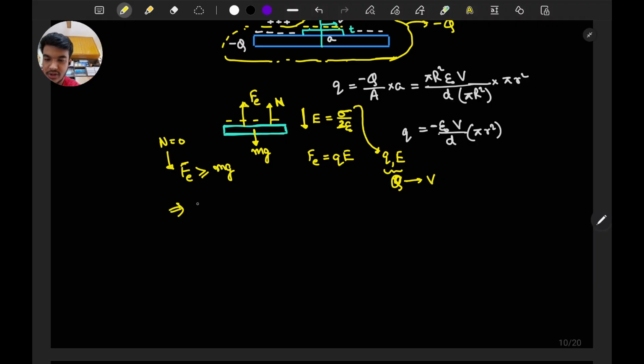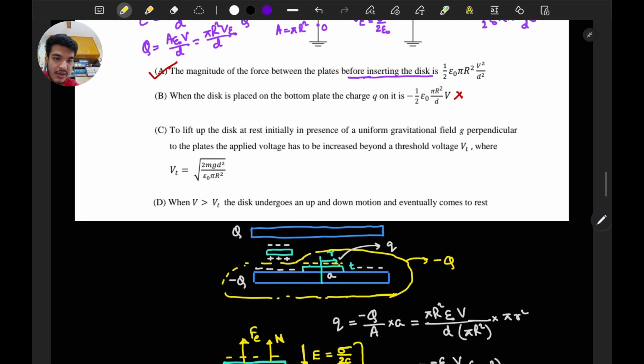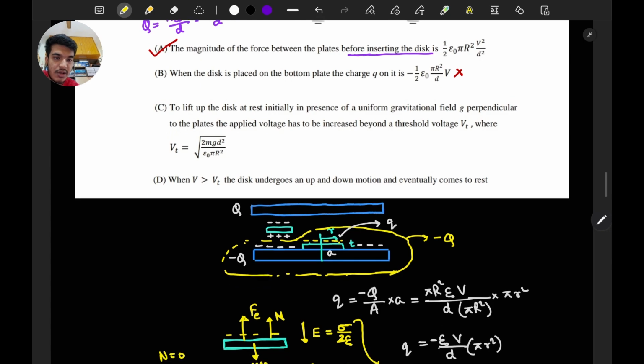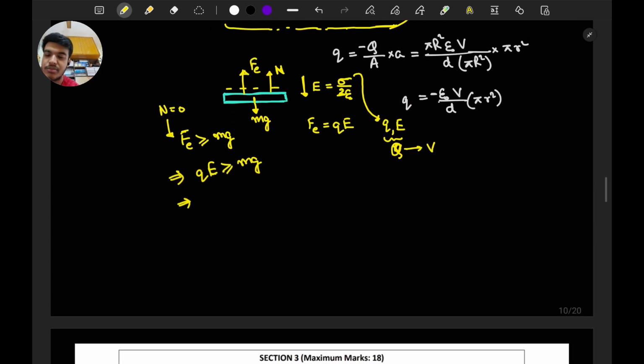So my force here is qE greater than or equal to mg, and if I write the expression of force which we already obtained, this is q, capital Q by A into small a, into electric field Q by 2 epsilon naught. This is greater than or equal to mg.